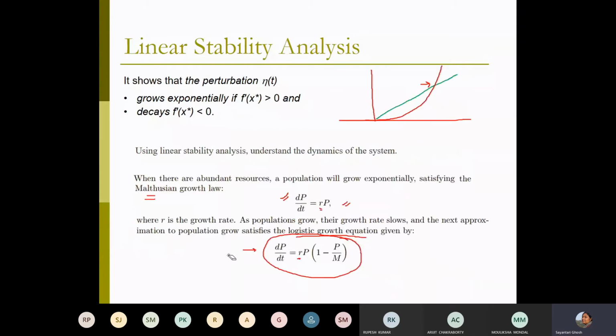Can you solve that for me? Yes, p equal to 0 and p equal to m are the fixed points, the two solutions, right? Everyone got that? Now tell me about the stability.